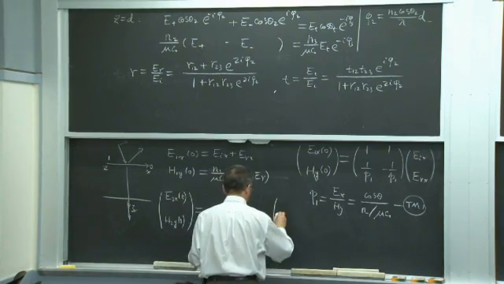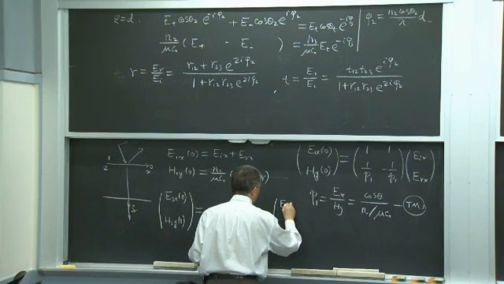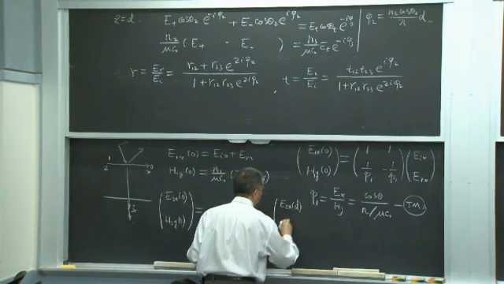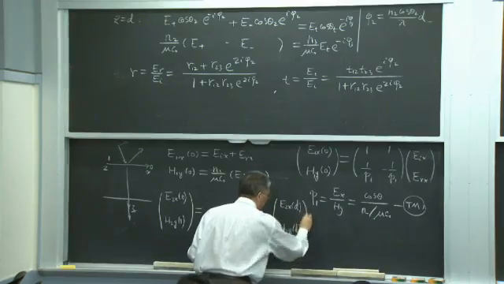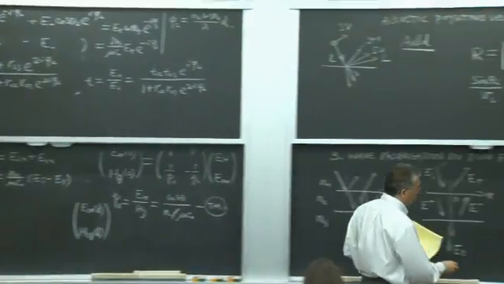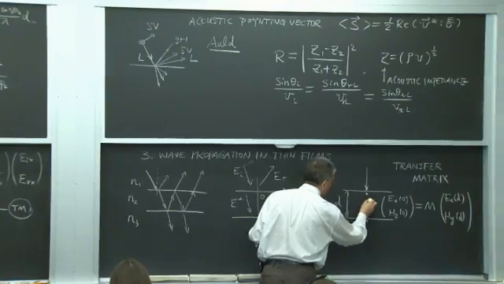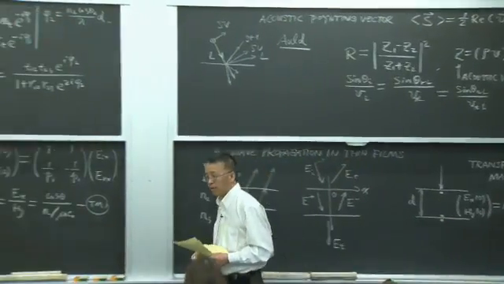So this point is related to the other point. What I want is E2x at D, H2y at D. So this is this point here. These 2 points, right?